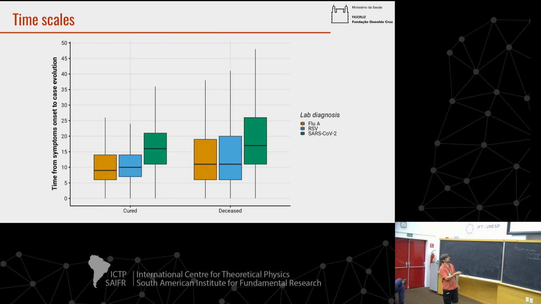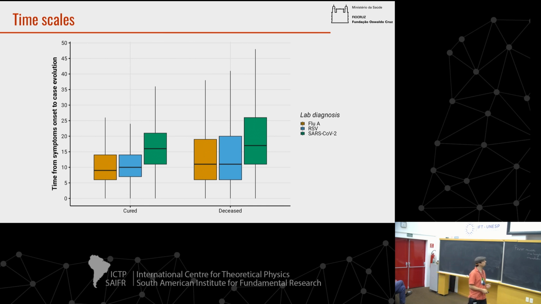For COVID, it takes a little bit longer either to be cured or to become deceased. And between being cured or dying from the disease, the median time frame is more or less the same, but the dispersion is a little bit different. The extreme values are usually a little bit higher for those that ended up dying.